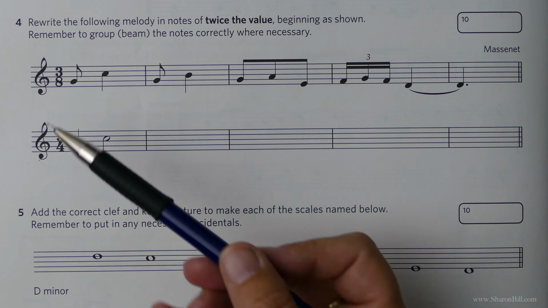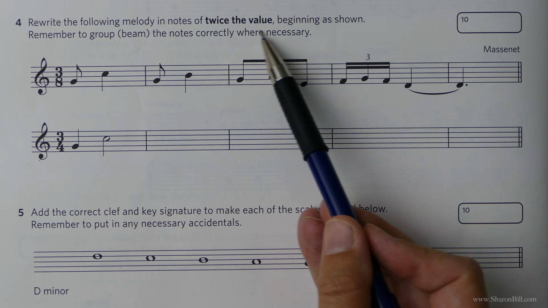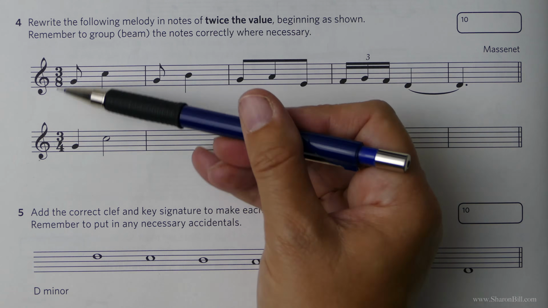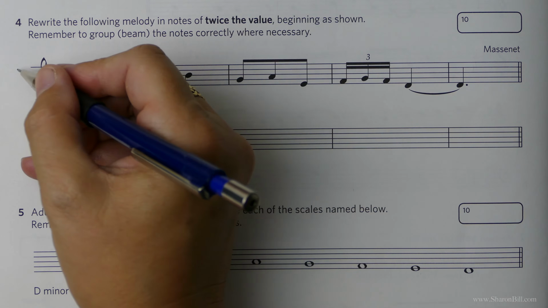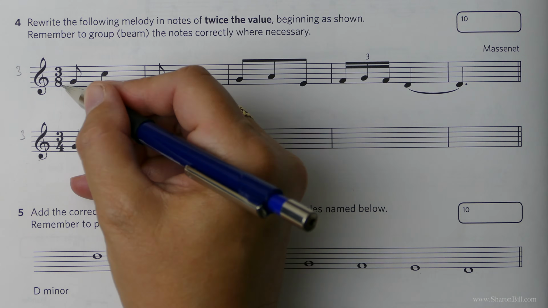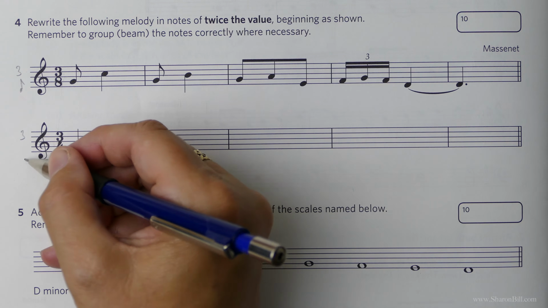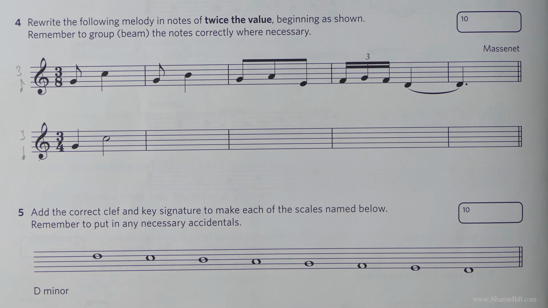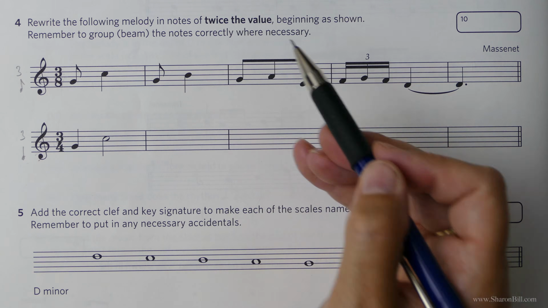So question 4 asks us to rewrite the following melody in notes of twice the value. Very helpful if they've done the key signature for us. So we're going from 3 beats in a bar each time, but here we're in quavers or eighth notes. Here we're in crotchets or quarter notes. And so you can see that everything's doubled, so we've gone to twice the value.